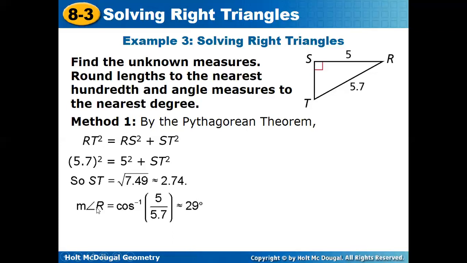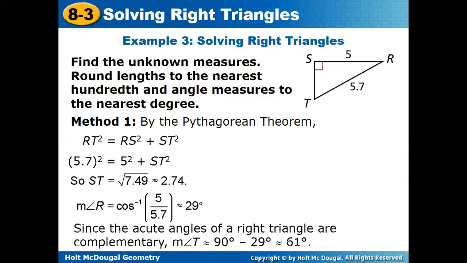Also you can find measure angle T by using the inverse function of sine. Measure angle T equals sine power -1 of 5 over 5.7.